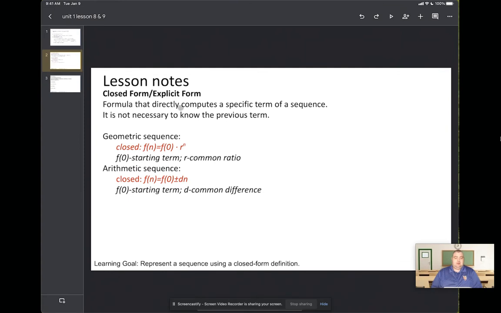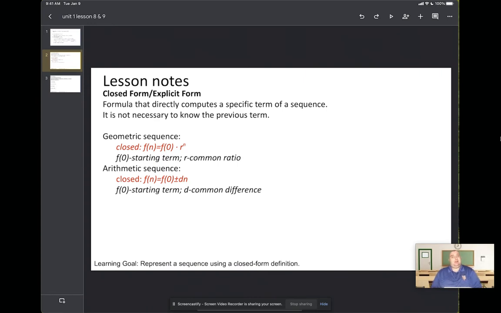So it's a formula that directly computes a specific term of a sequence. It is not necessary to know the previous term. And that is the key difference between closed and recursive. With recursive, in order to find a specific term, you have to know each of the previous terms prior to that. So, for example, if I wanted to figure out the 100th term of a sequence, if I was doing the recursive, I would need to know the 99th term in order to find the 100th term.